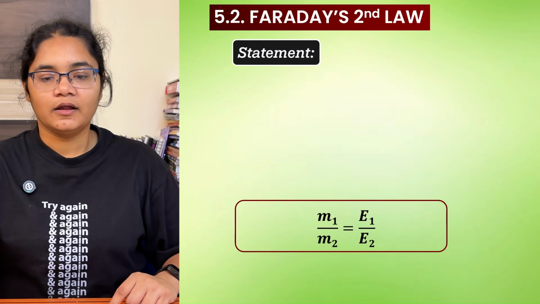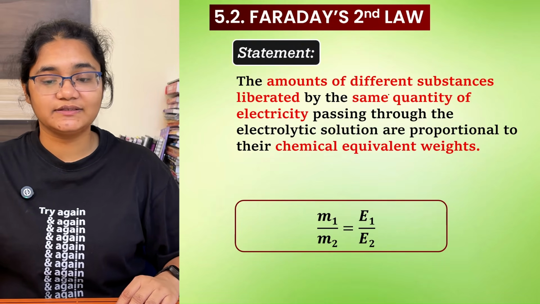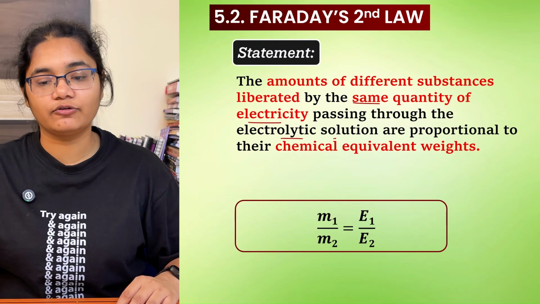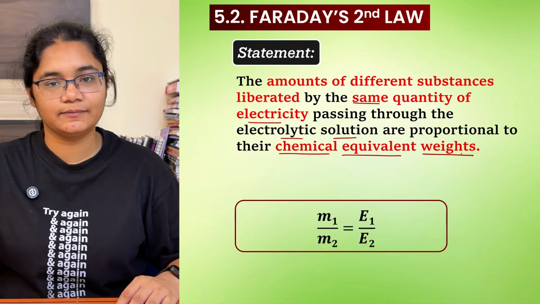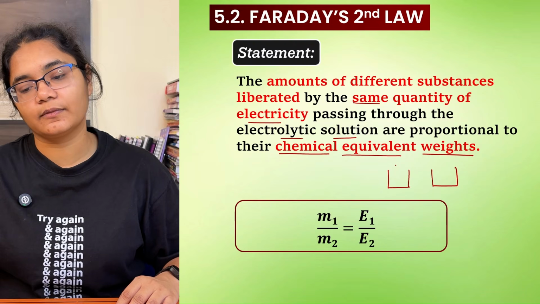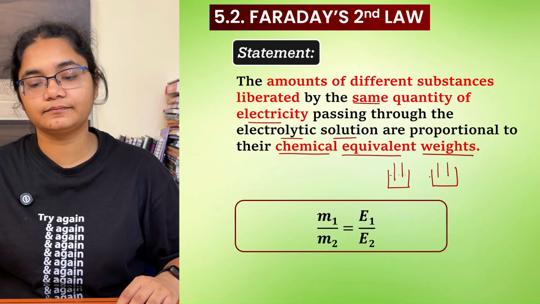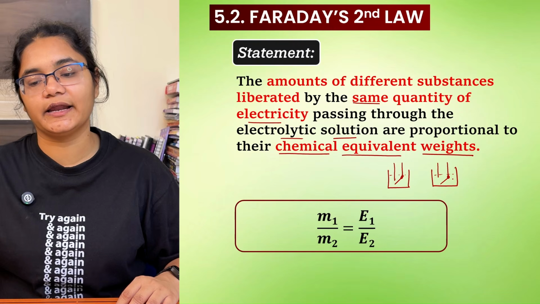Now we will talk about Faraday's second law. The amounts of different substances liberated by the same quantity of electricity passing through the electrolytic solution are proportional to their chemical equivalent weights. That means suppose I have two cells like this. This one will get deposited here and this one will get deposited here.